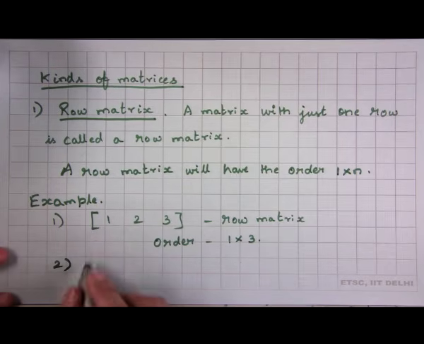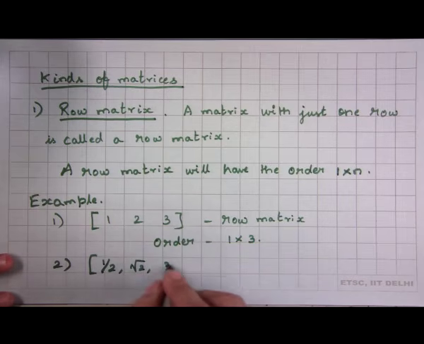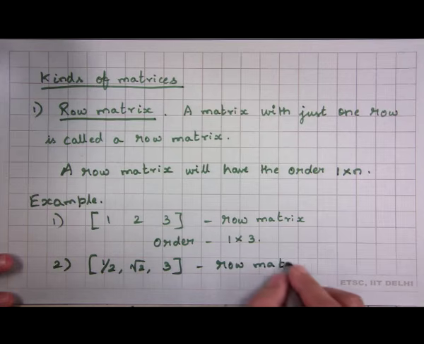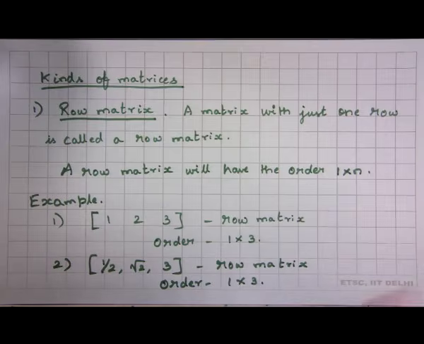Let us look at one more: 1 by 2, root 2, 3. This is again a row matrix, and its order is again 1 by 3. So, in this case n is just 3.